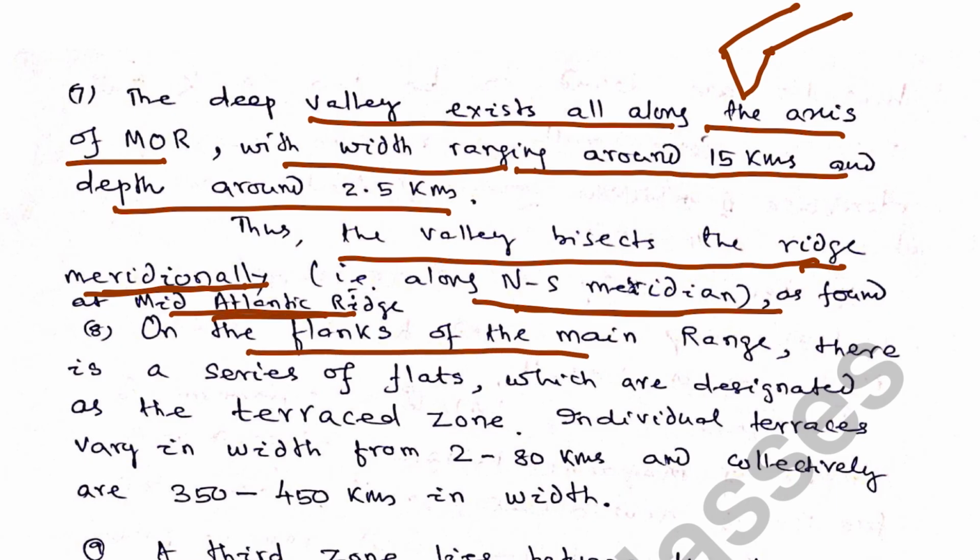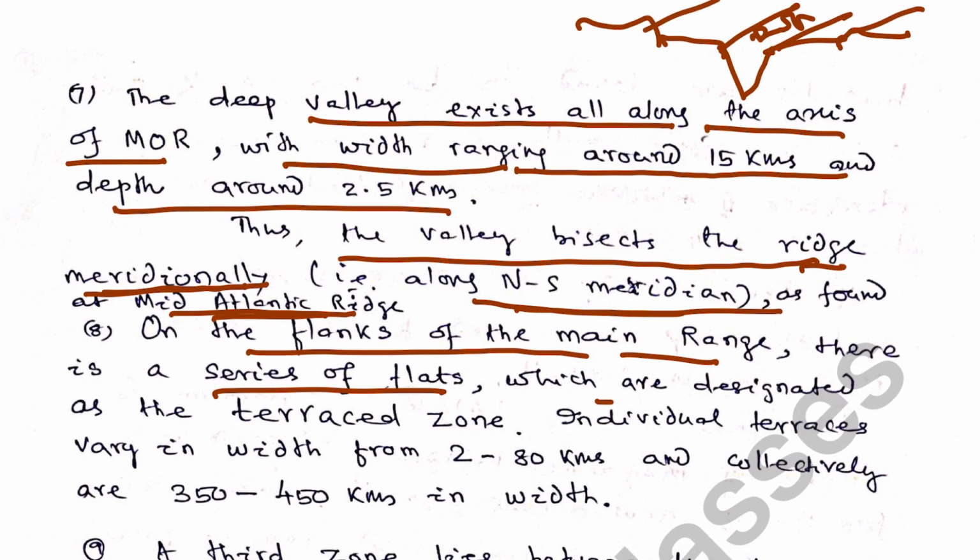On the flanks of the main range, we have this rift valley, and on the flanks we have a series of step-like flats dipping inwardly, which are designated as the terraced zone.